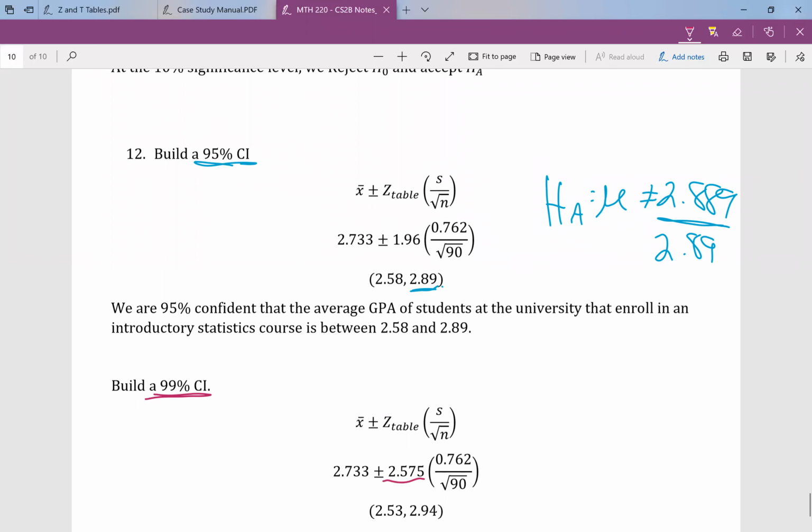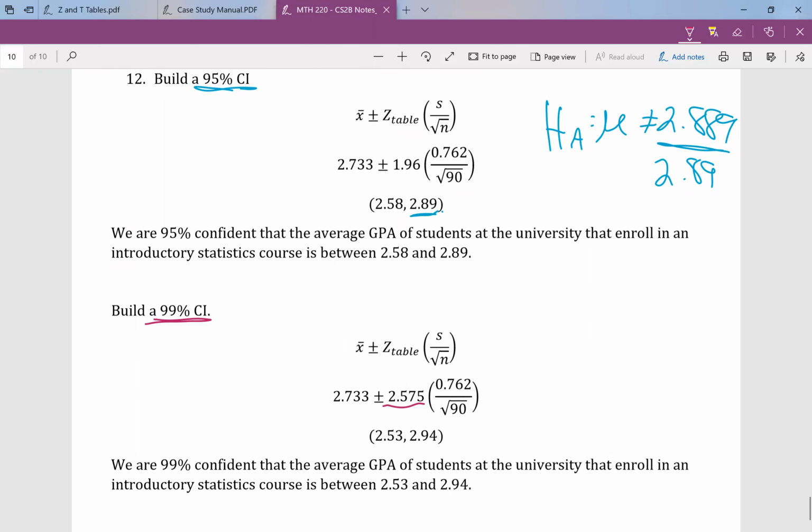Plug all those in, and you should get 2.53 to 2.94. Again, take a moment to practice interpreting this confidence interval. We are 99% confident that the average GPA of students at the university that enroll in an introductory statistics course is between 2.53 and 2.94.